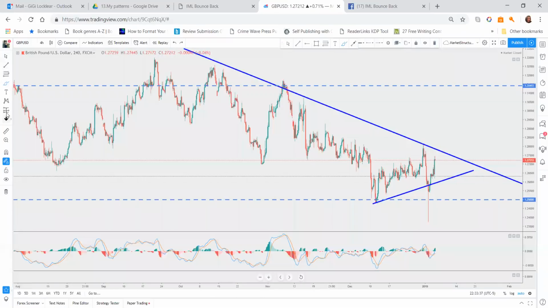And then you'll be looking for something like, oops, it's not what I wanted. Start looking for something like this to happen.